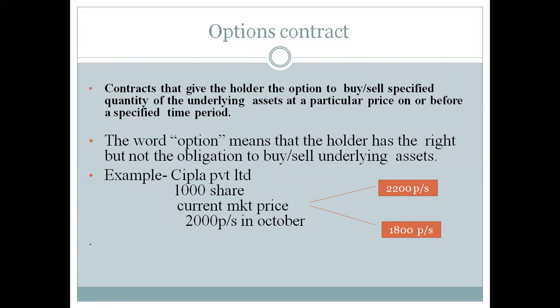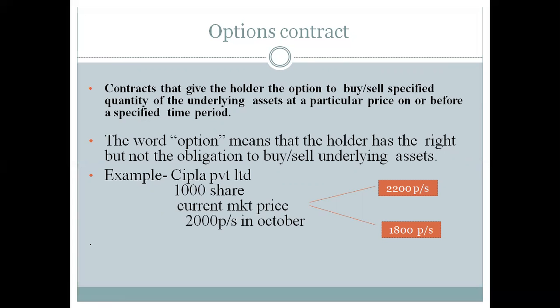Let us understand this by taking an example. Cipla Private Limited, 1000 shares. The current market price of those shares is 2000 per share in October. So we are entering into a call option. We are buyers, we are going to buy this.